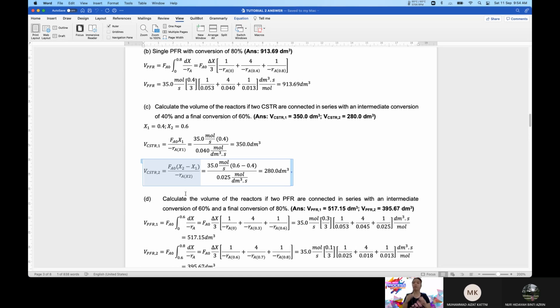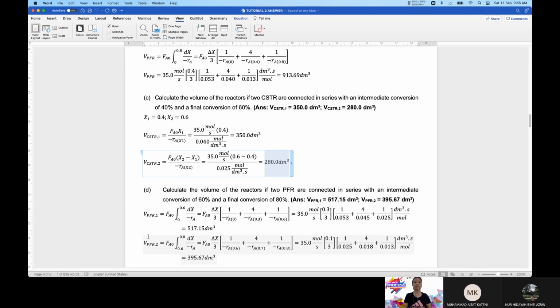So dalam example from the table, it was 0.025. So you multiply, you will get 280 dm cube. So reaktor volume yang kedua, if kamu nak naikkan daripada 40% to 60%, the volume of the second reactor that you need is only 280 dm cube. So done for question part C.